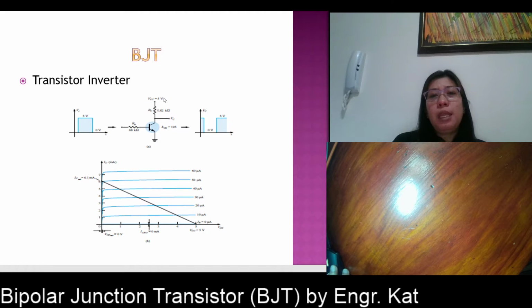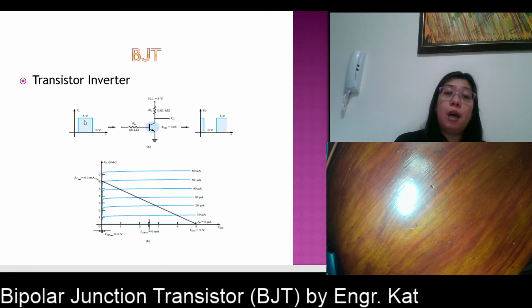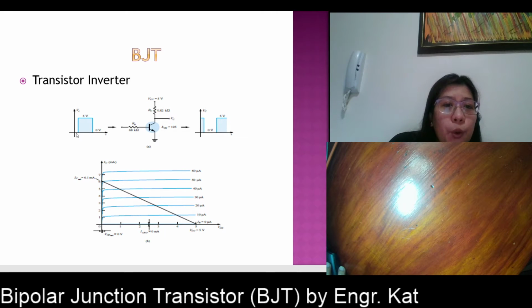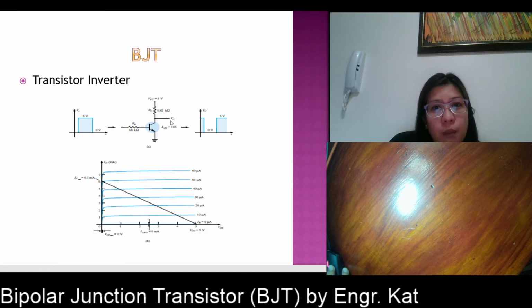Usually the VCC here has a value equivalent to the input supply. In this case, why is it called an inverter? If you look at the input and the output side, the output is taken from your collector terminal.